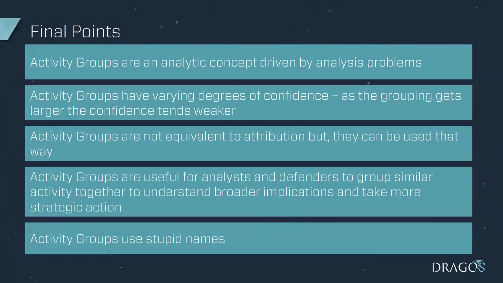Activity groups are not equivalent to attribution, but they can be used that way. So just because you see names doesn't mean that that's what the analyst is doing. In fact, at Dragos, we don't do that specifically. We don't have the visibility necessary, right? In my life, I have done true first-party attribution.